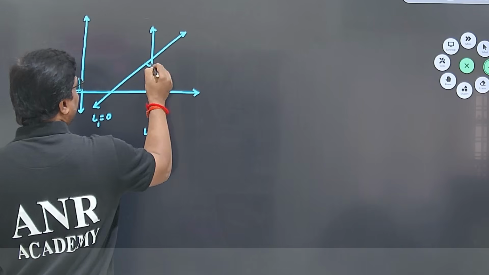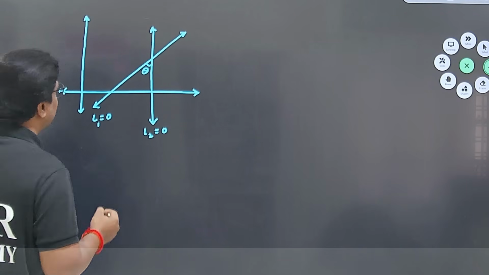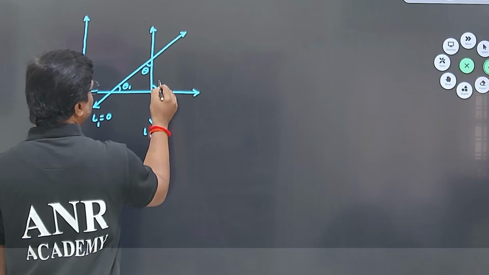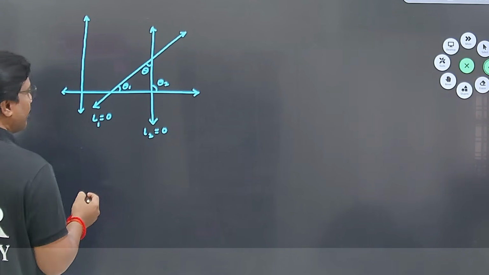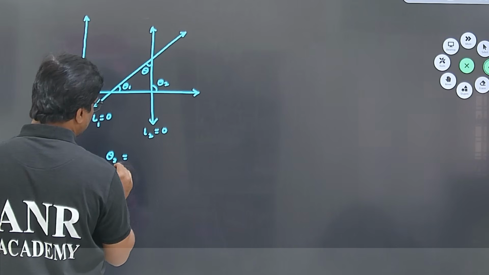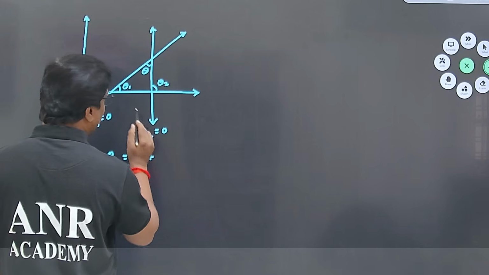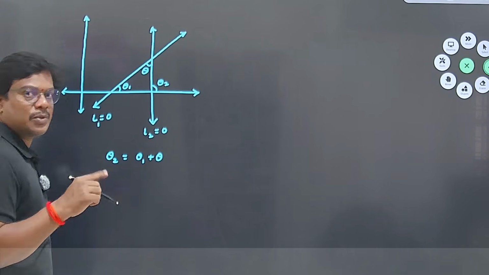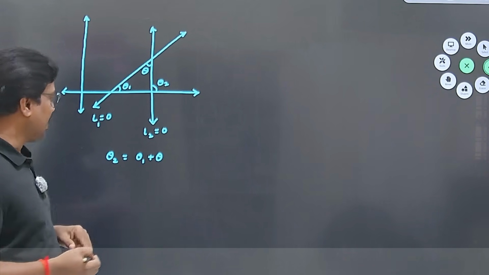Suppose that theta is the angle between the two lines, and this is theta 1 and this is theta 2. External angle theta 2 is written as theta 1 plus theta, the sum of two opposite internal angles equals the external angle.